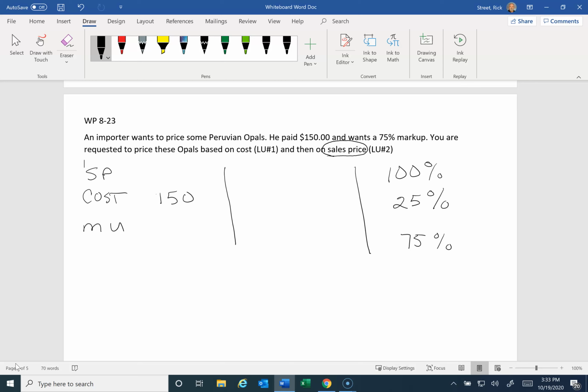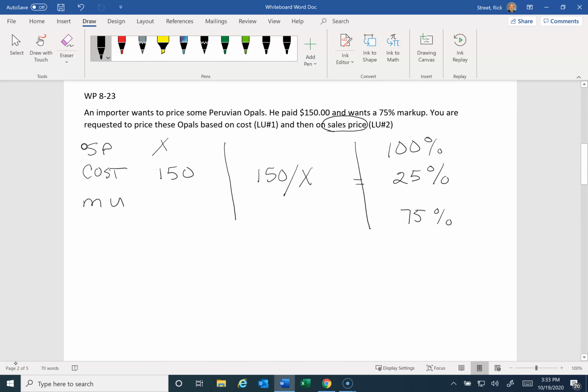So what do we have? Well, we know that we don't have any information about the sales price because that's what we're trying to solve for, but we know that this 150 divided by X, which will normally be the sales price, is equal to 25%. So now we make this math problem.